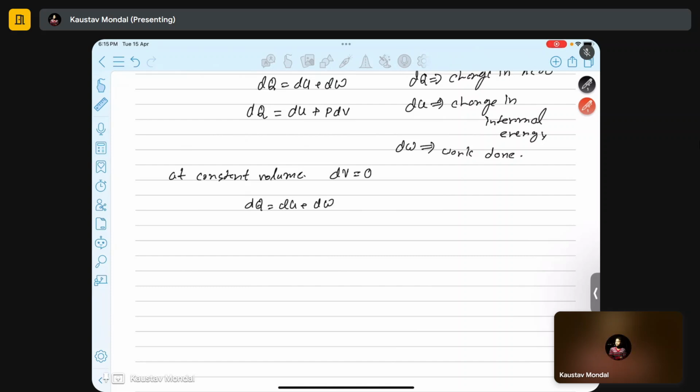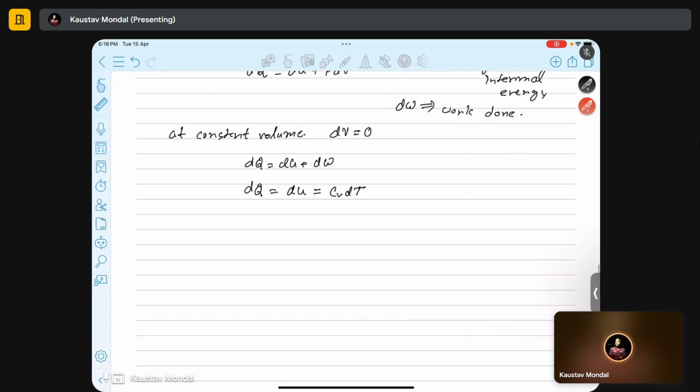Now dq would be du, and du we already know is Cv dT. Cv means specific heat at constant volume.